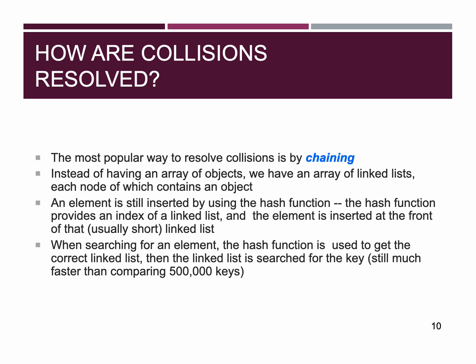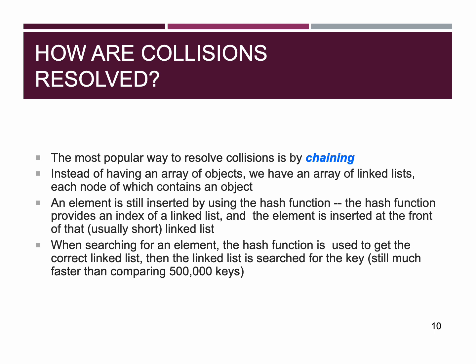Each index in the hash table points to the head of a linked list where all elements that hash to that index are stored. This way, if multiple keys map to the same index, we can simply add each new object to the front of the linked list at that index.